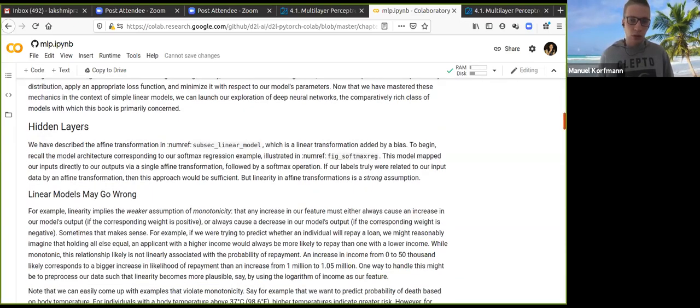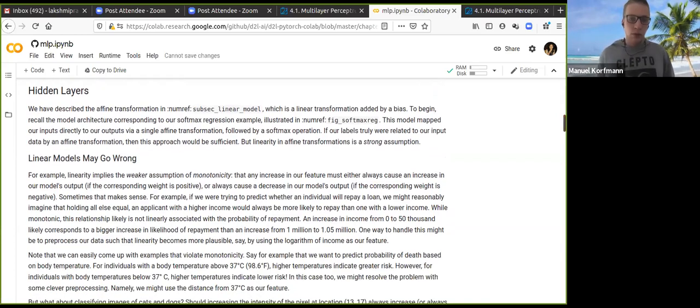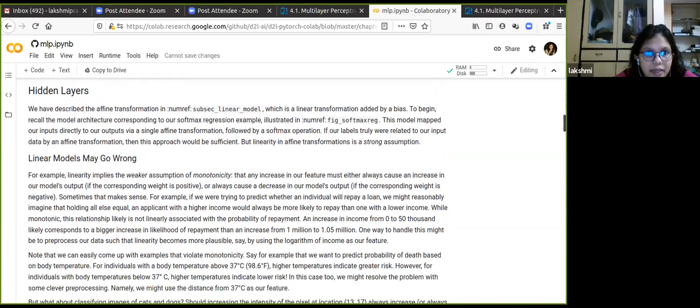Okay, please go on. Hidden layers. We have described the affine transformation in the subsection linear model, which is a linear transformation added by a bias. To begin, recall the model architecture corresponding to our softmax regression example illustrated in the figure softmax regression.